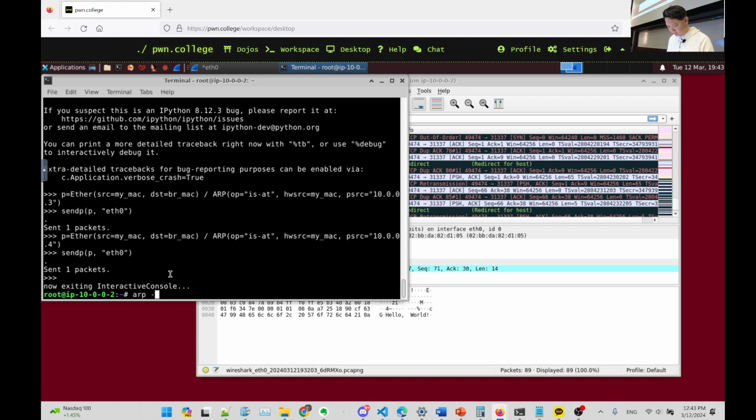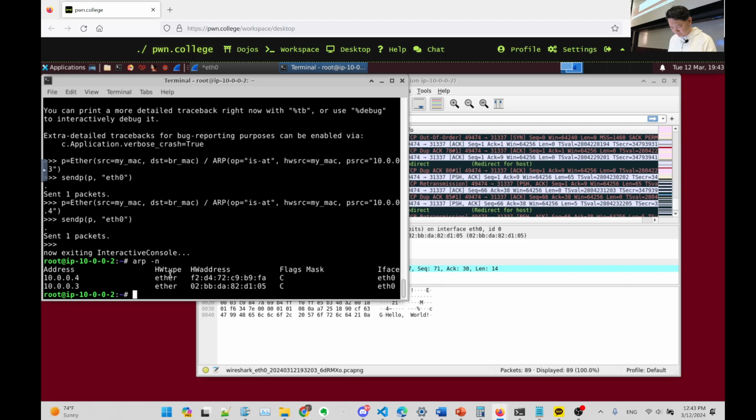Check ARP. So TCP dump. TCP dump, interface 2.